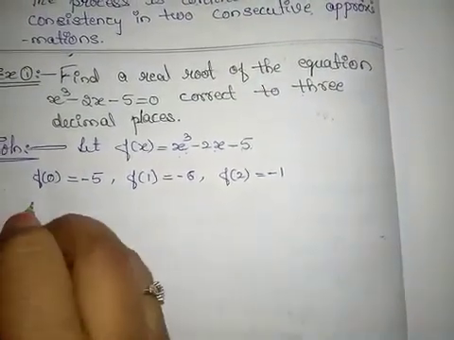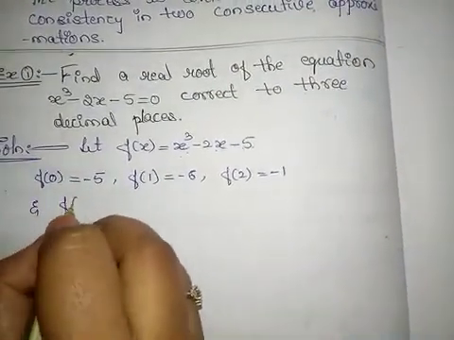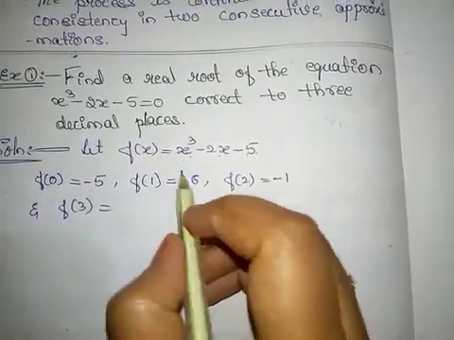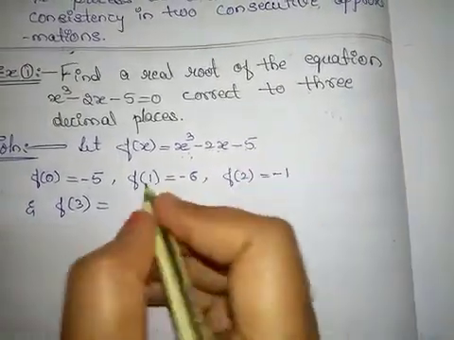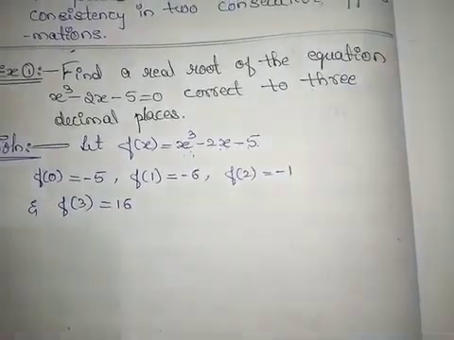And f of 3 is equal to 3 cube is 27 minus 6 minus 5, we get 16.